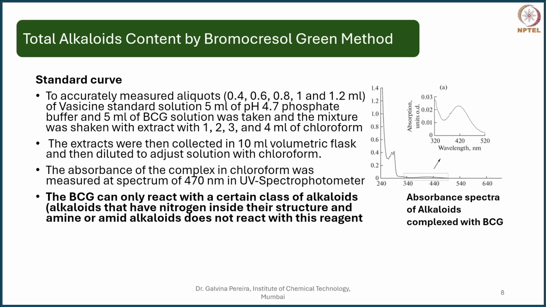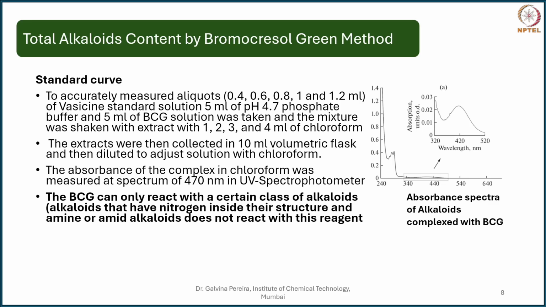So now I have my alkaloidal salts, then I react them with about 5 ml of bromocresol green dye. So I have my alkaloid, I made it acidic to convert it into salt, then I reacted it with bromocresol green. Now the bromocresol green complexes are formed. Here I have one advantage.